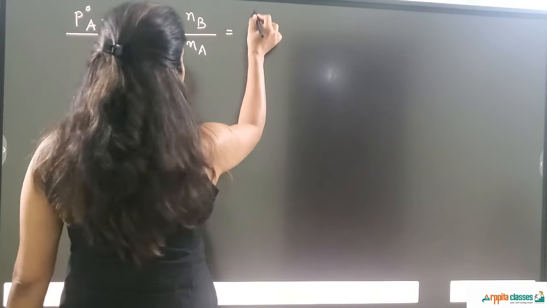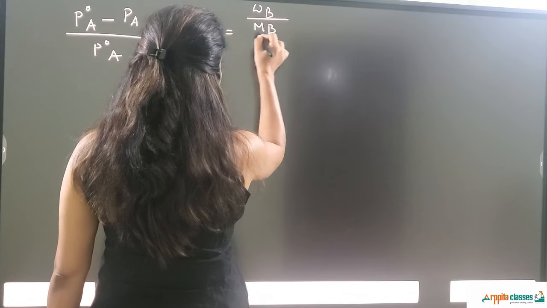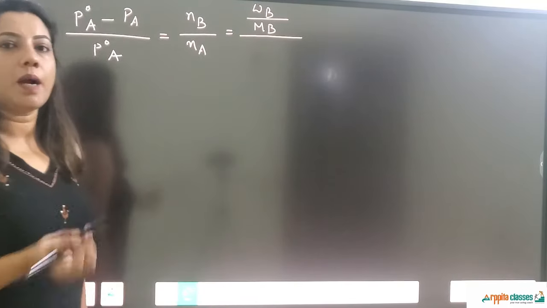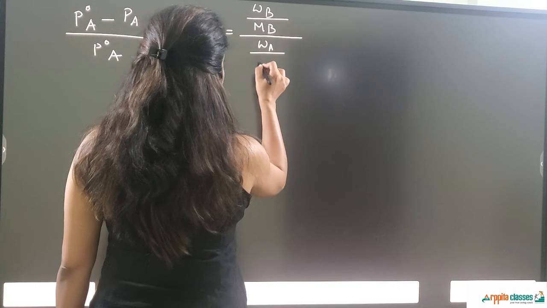So we got P0A minus PA upon P0A is equal to NB upon NA. Now in place of NB we can write WB upon MB, since number of moles is equal to weight upon molar mass, and NA is WA upon MA.